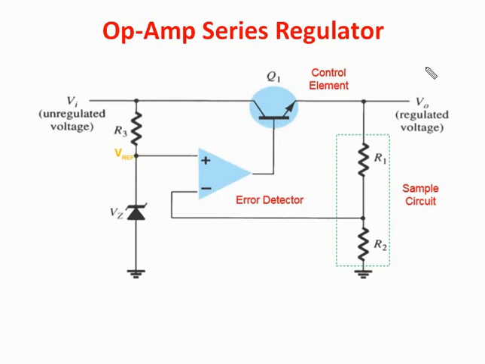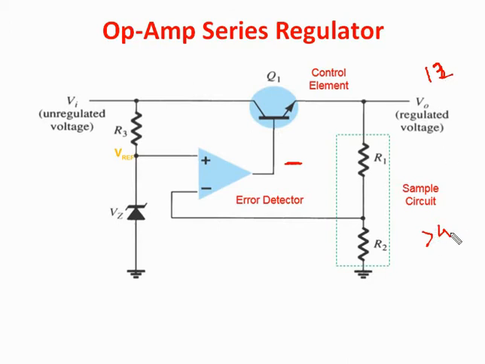Suppose the voltage is increased from 12 volt to 13 volt, so the voltage across the resistance R2 is greater than 4 volt, so we get a negative error, which will turn off the transistor and cut off the input voltage, so the output voltage is reduced from 13 volt to 12 volt.